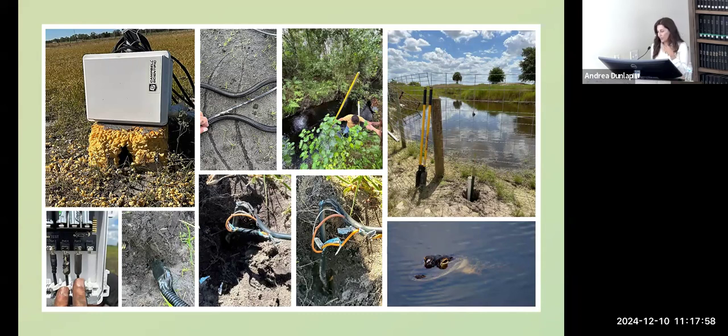So we know that instrumentation is useful, but it's time consuming, and it's also very expensive for our budget specifically. So one alternative option is modeling.